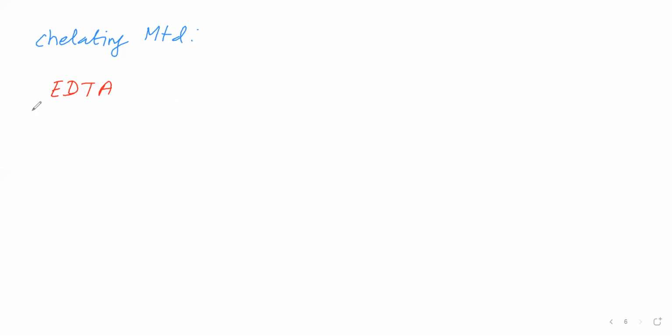We use this EDTA in order to remove calcium ions and magnesium ions. Now we will take EDTA. We will take hot water. Hot water contains calcium ions. How this EDTA removes these calcium ions, that we'll see. Now first we'll see EDTA. EDTA means ethylene, so we'll take ethylene. Diamine.